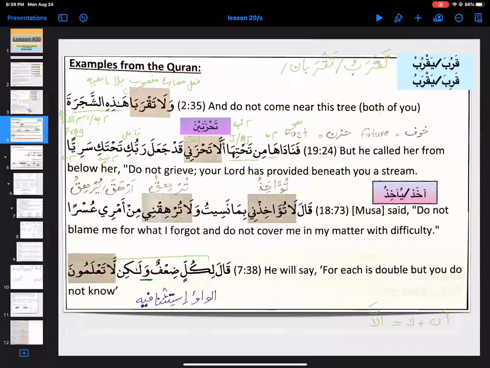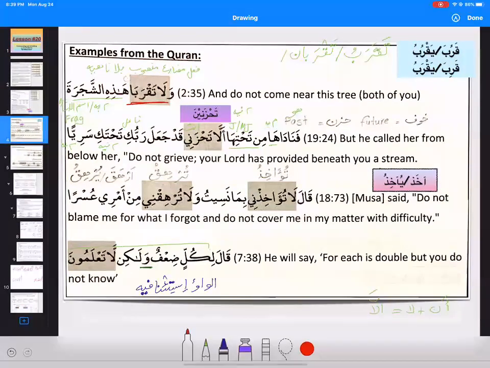Okay, let's see some example over here. La takraba hazihi shajarata. So la takraba, what was that actually? Takrabani, the noon is dropped here. Why? Because this is la nahiya.